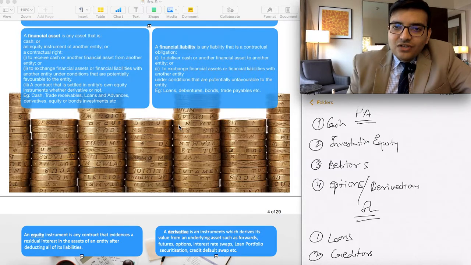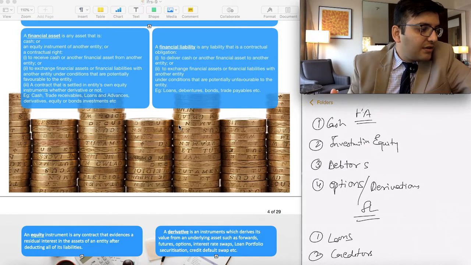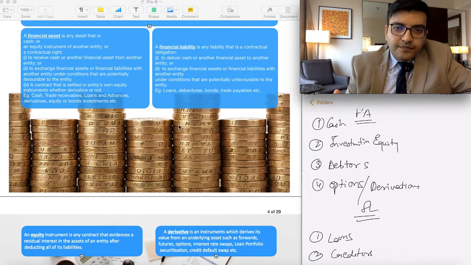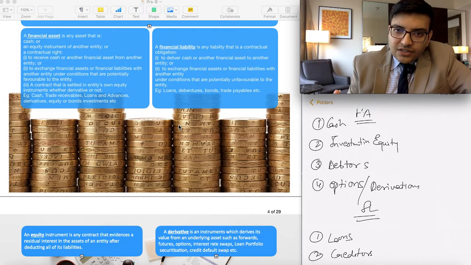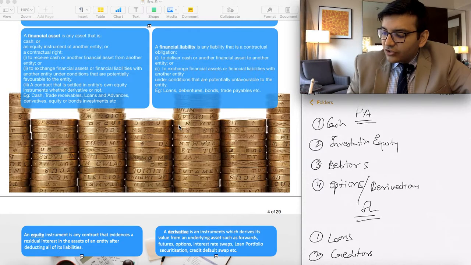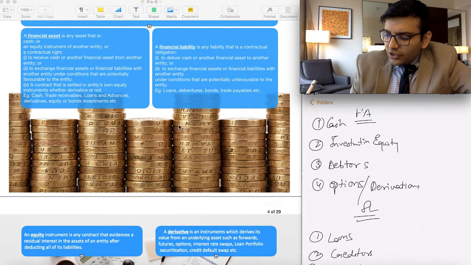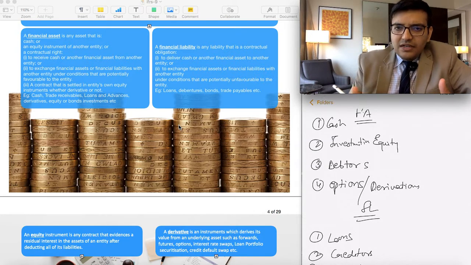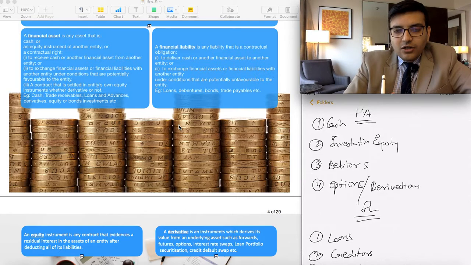To exchange financial assets or financial liabilities with another entity under conditions that are potentially favorable, this goes for derivatives, right? Derivatives.